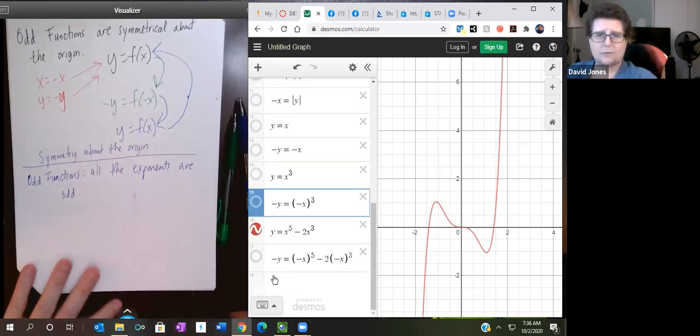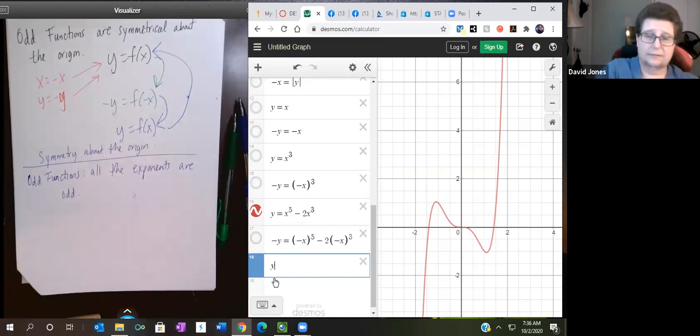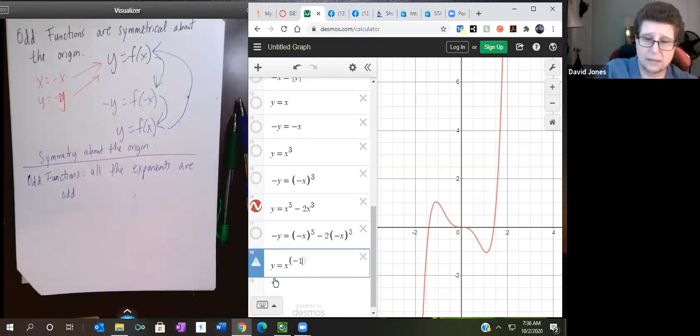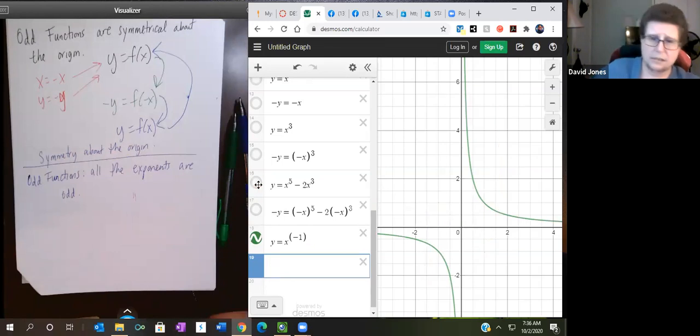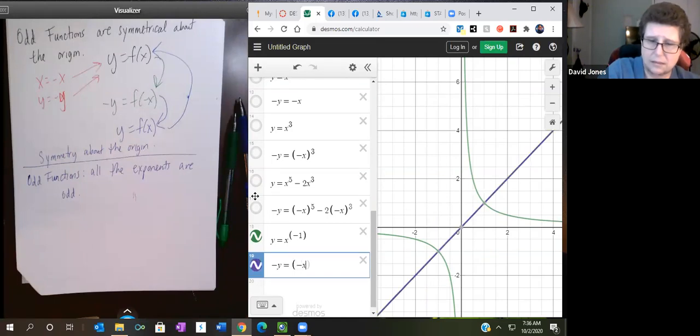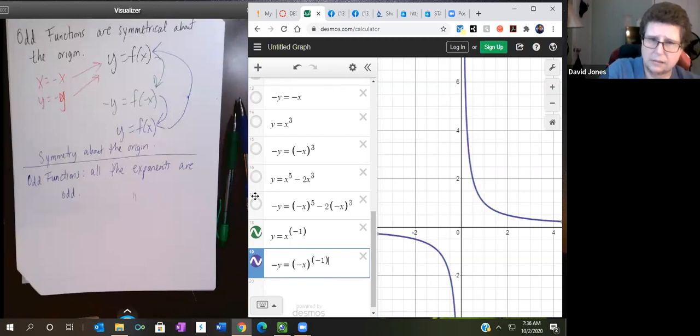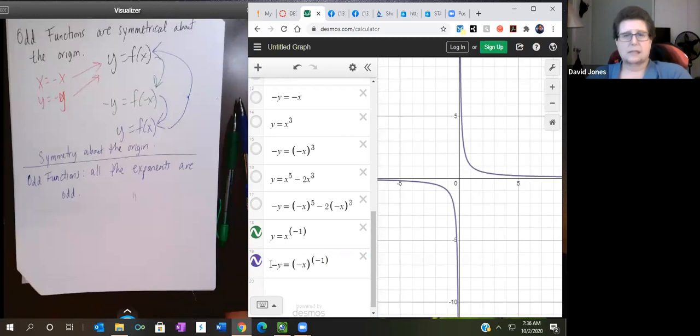What about if I do y equals negative x to the negative 1? Oops. See, the exponent is odd and it still works.